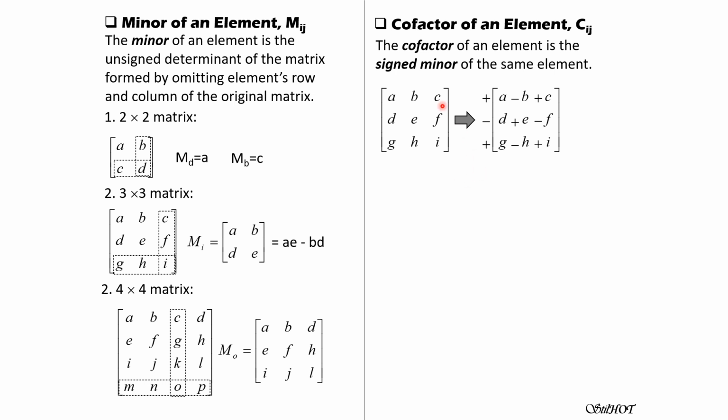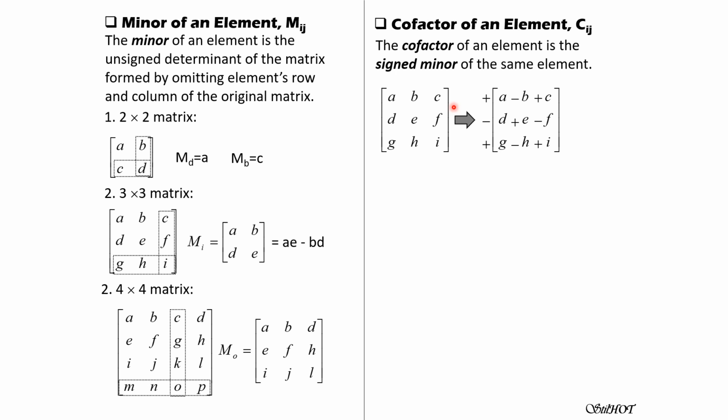So we notice that the assigned signs of the diagonals are plus. So that's why the cofactor of these diagonal elements would be the same as the corresponding minor of that particular element.